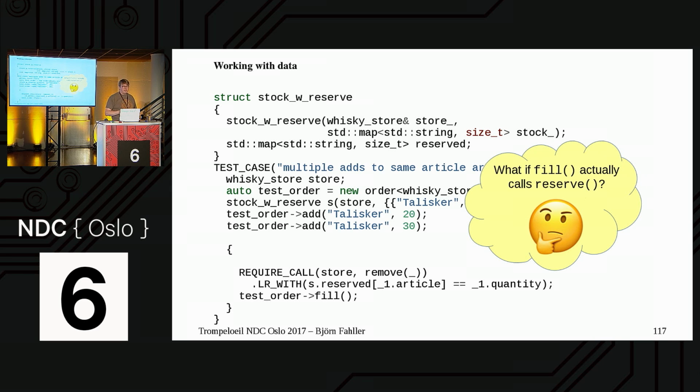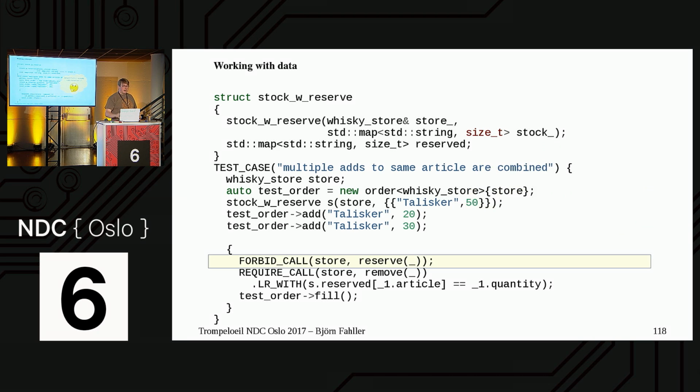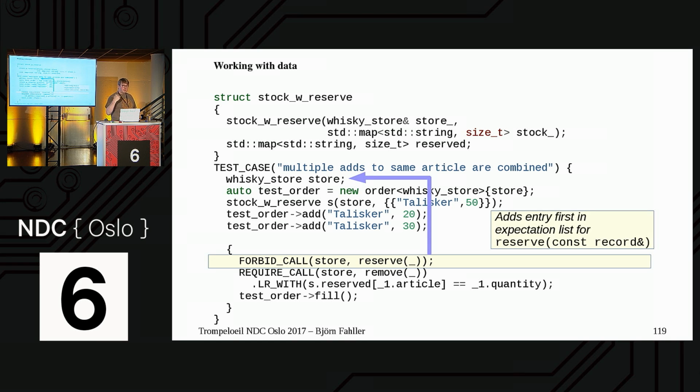If we're a little bit on the paranoid side, we may be worried that maybe, for whatever reason, fill calls reserve. Reserve is allowed to be called because we have an expectation on it from this stock with reserve object. I can override that by explicitly saying forbid call. This must not happen. This creates another expectation object. It is placed first in the list of expectations for call to reserve.